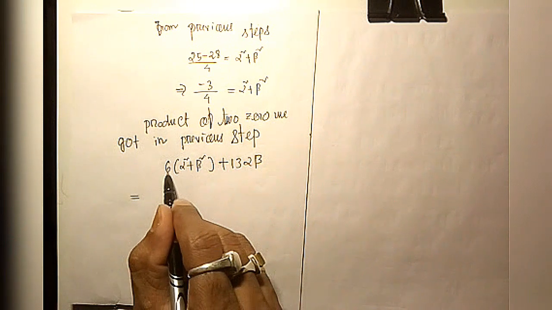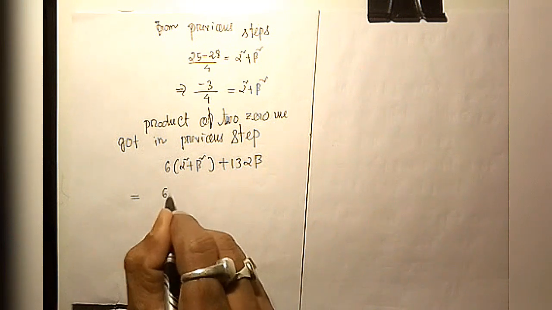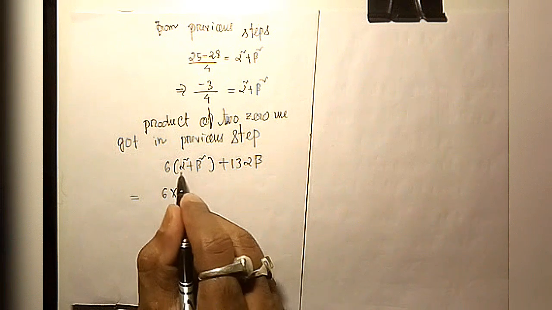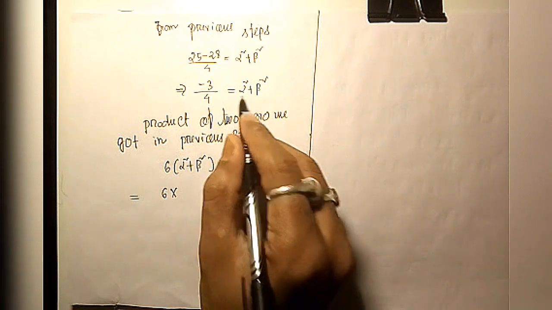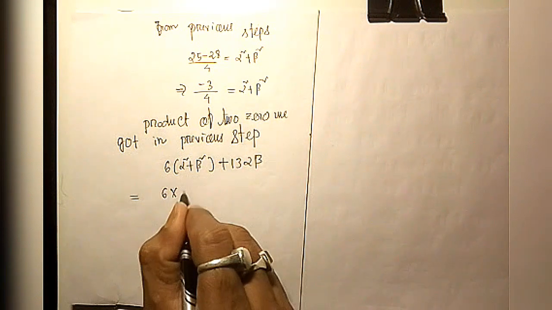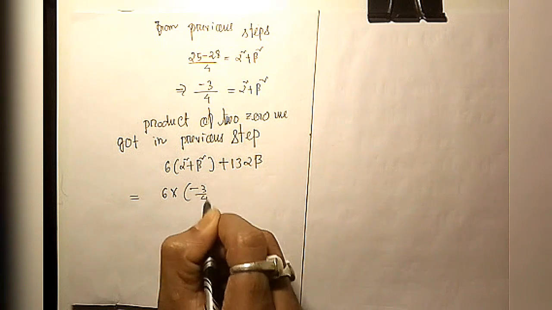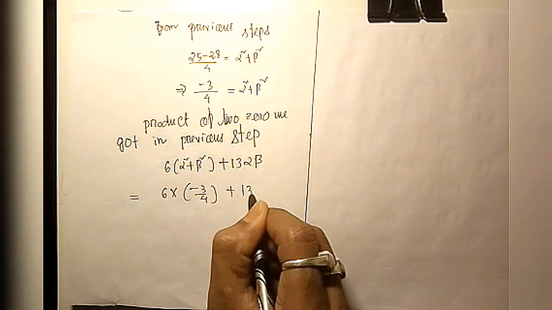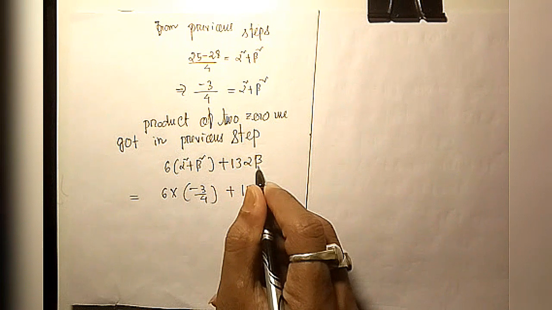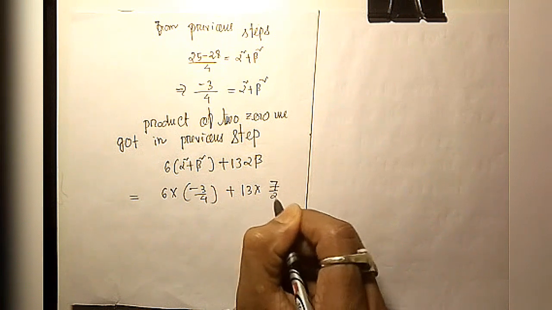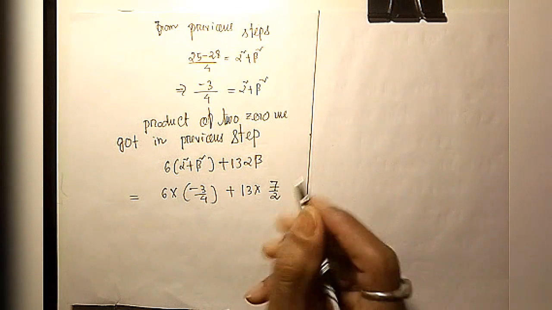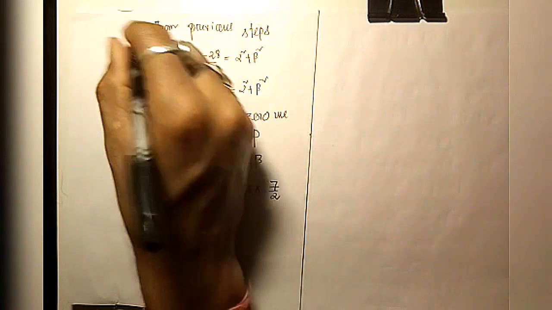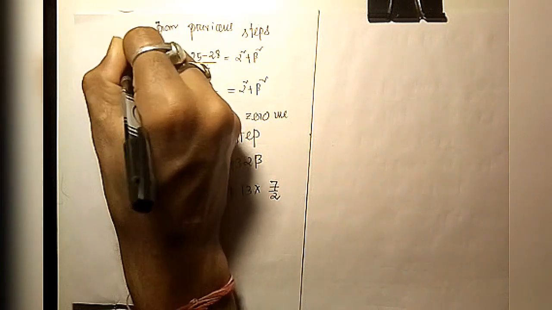Putting the values, 6 into alpha square plus beta square, which is minus 3 by 4, plus 13 into the value of alpha beta, which is 7 by 2, because we know the product of the two roots is 7 by 2.